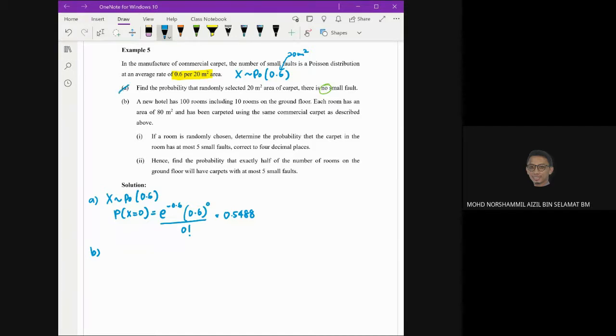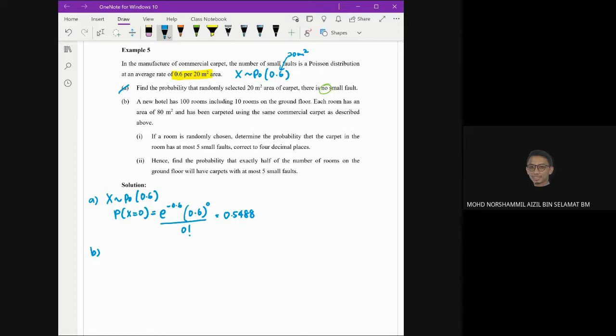A new hotel has 100 rooms including 10 rooms on the ground floor. Yeah, okay, Fazli. Thank you. Each room has an area of 80 meters square and has been carpeted using the same commercial carpet as described above. If a room is randomly chosen, determine the probability that the carpet in the room has at most 5 small faults.